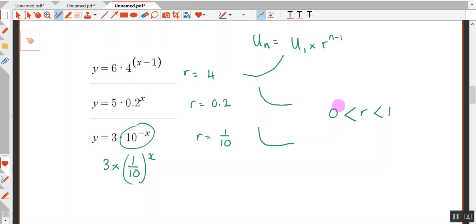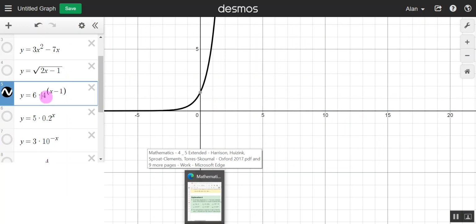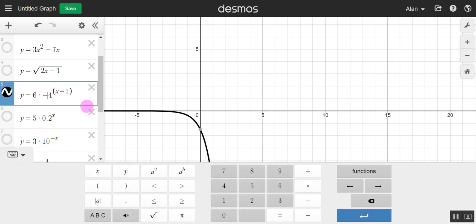Okay? Because let's have a look at why it's not the r that can be negative, it's the exponent that can be negative. All right? On Desmos, we've probably talked about this before, try changing one of yours. So I'm going to change this to a negative 4. Okay? If I do it correctly with brackets, you'll notice something.